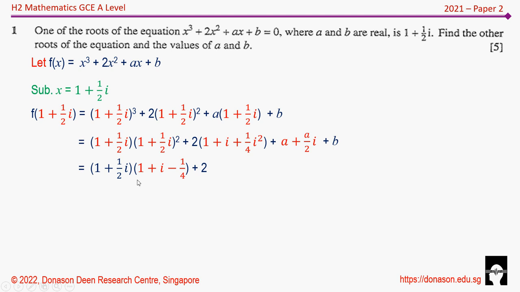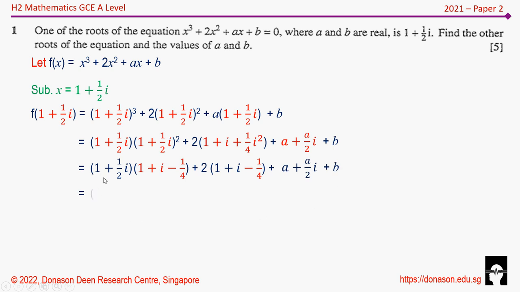So this part is 1 plus i minus 1 quarter, because i squared becomes negative 1, and negative 1 times positive 1 quarter is negative 1 quarter. Plus 2 times, the same thing, 1 plus i minus 1 quarter. And this part we don't have to do anything, just copy down for the time being.